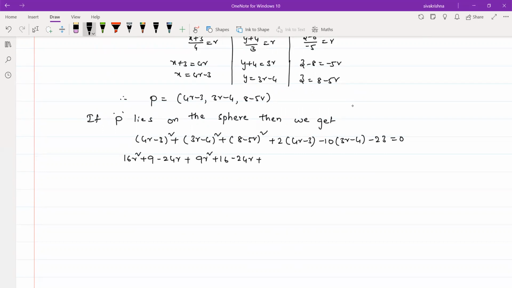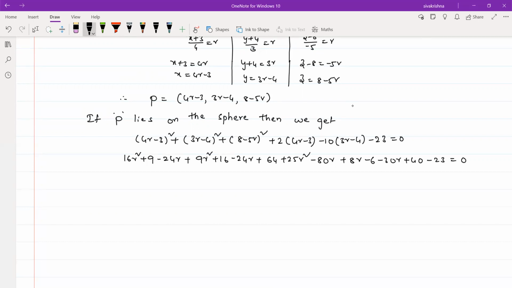And once again, (8 minus 5r) whole square can be expanded as 64 plus 25r square minus 80r, plus 8r minus 6, minus 30r plus 40, minus 23 is equal to 0.